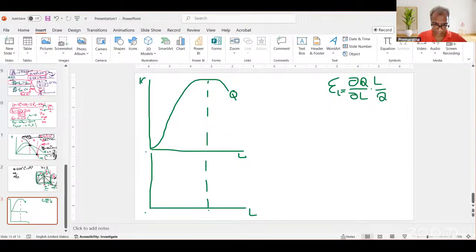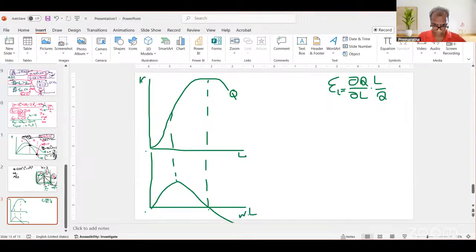Like we discussed, the marginal production goes like that, and the average product curve goes like this.